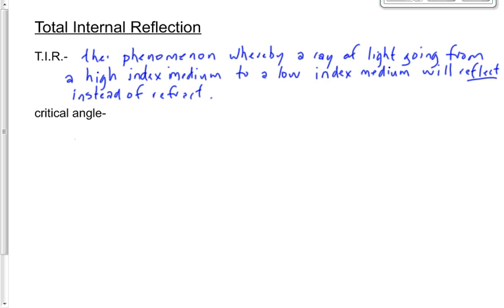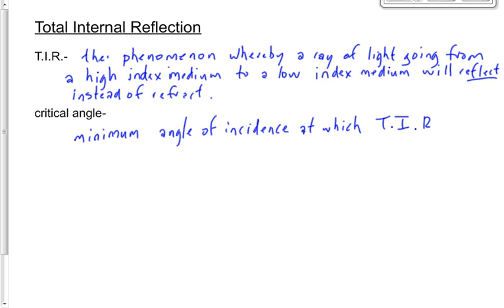What's the critical angle? Well, it's the minimum angle of incidence at which total internal reflection begins to occur. That's that point where the light would skip along the boundary, not really reflect or not really refract.